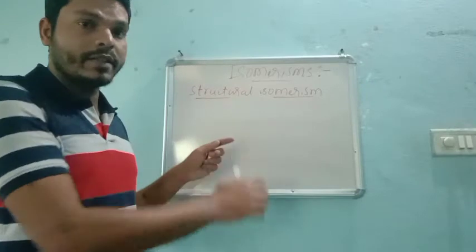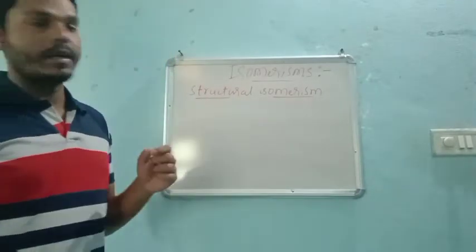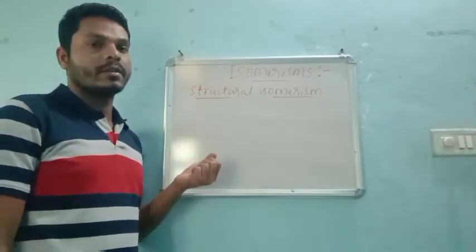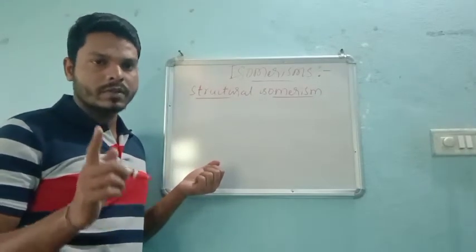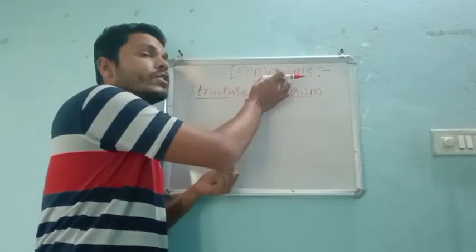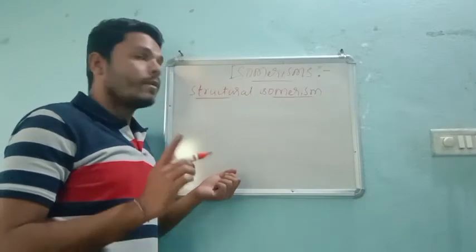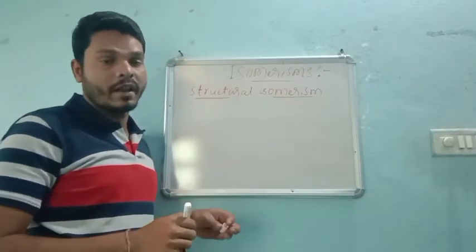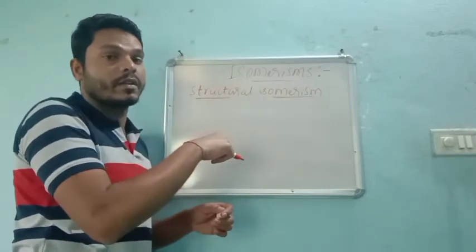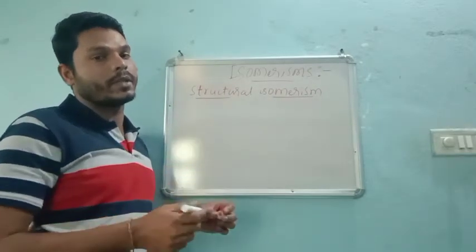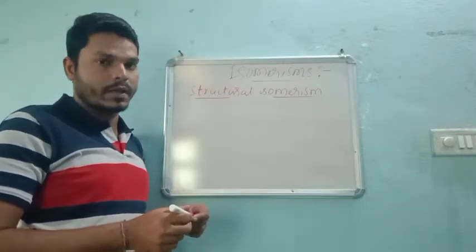If they differ in their structure, then those compounds are called structural isomers. They must have the same molecular formula, that is the condition for isomerism, but they must differ in their structure.